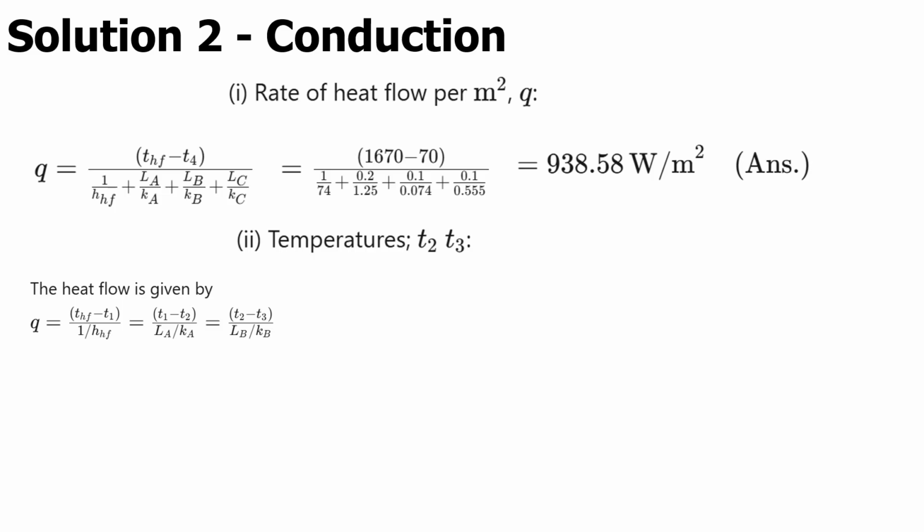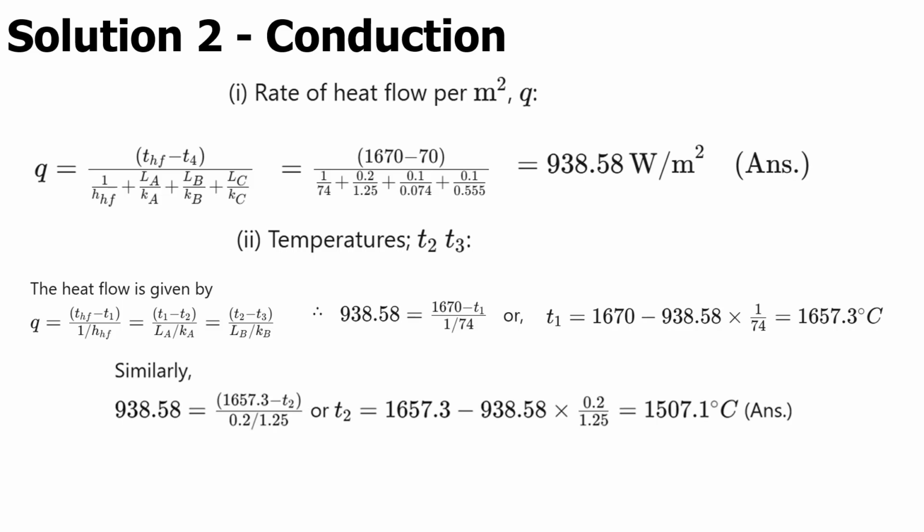So when you start with the T1 and rearranging this, we find that T1 is equal to 1657.3 degrees Celsius.